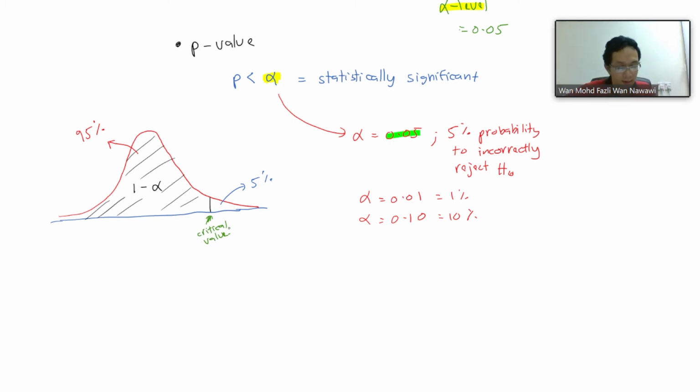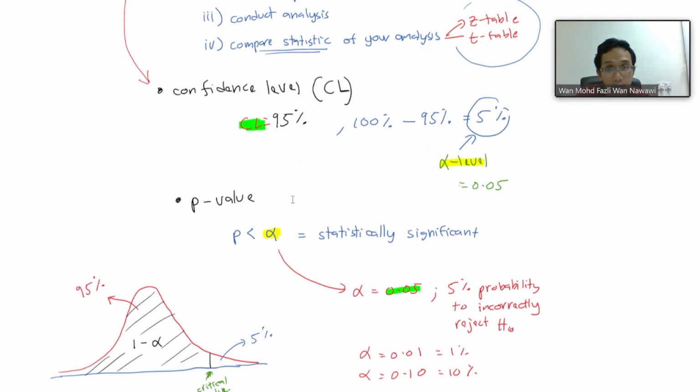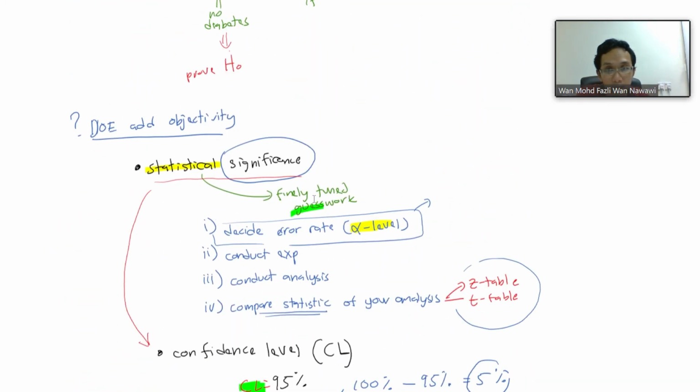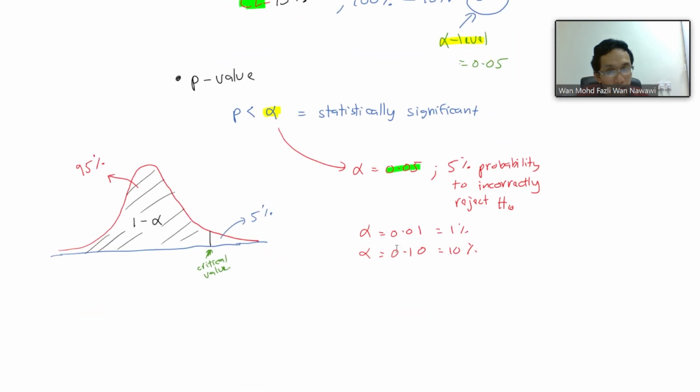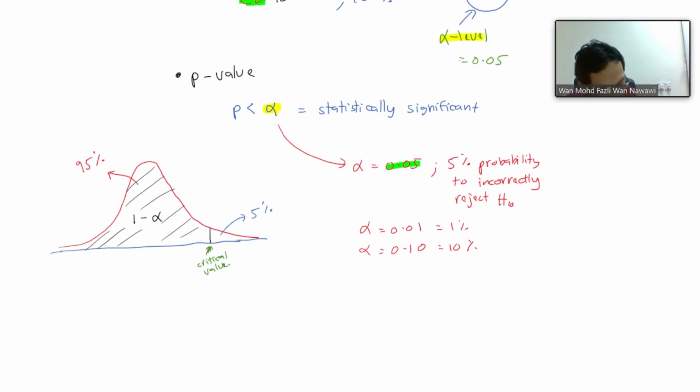In your sugar test, let's say you got p equal to 0.03. The statistics give you numbers.